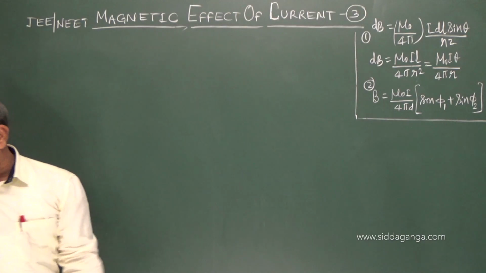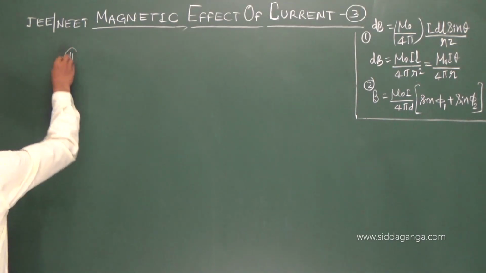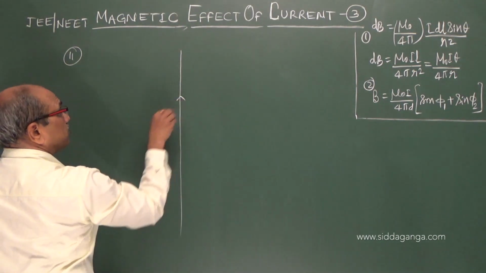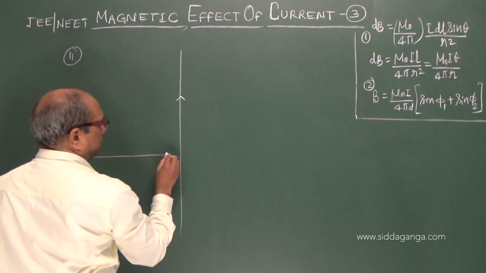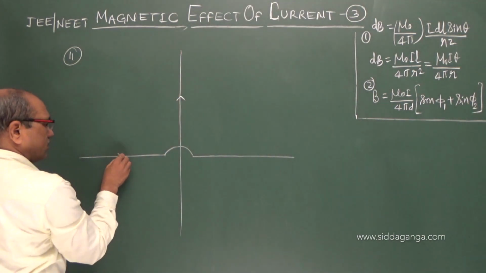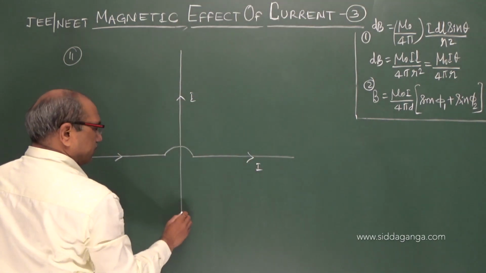Let us take a case. So this is the current carrying conductor, infinitely long, and another conductor from left to right. This carries the current in this direction. This is carrying current in this direction.